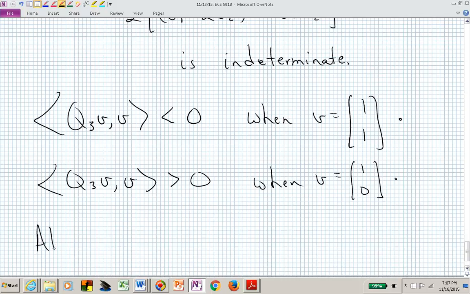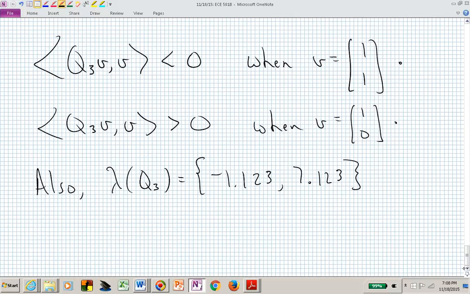You can also look at the eigenvalues of Q sub 3, and those are actually, one is negative, minus 1.123, and the other one is 7.123, so that's another way of showing that Q sub 3 is definitely not positive, or this lack of being able to show that the inner product was always non-negative no matter what V we picked.